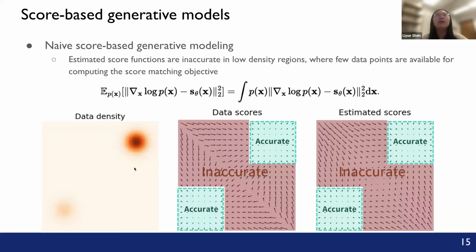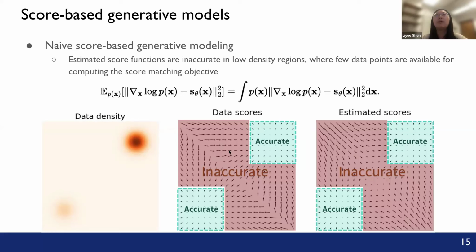In the low density regions, we may not get sufficiently frequent samples. So when we use the score matching objective to estimate the score-based model based on samples from p(x), the estimation for those low density regions will not be accurate, which is shown as the red regions in this figure.